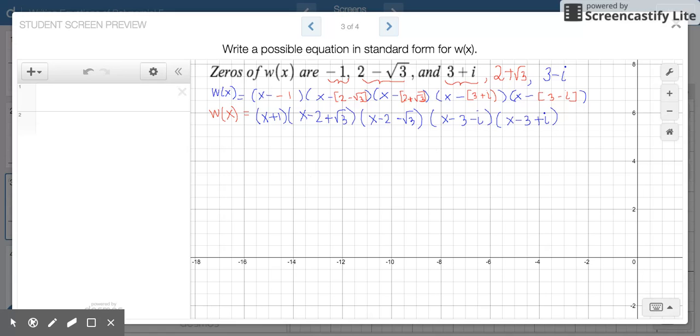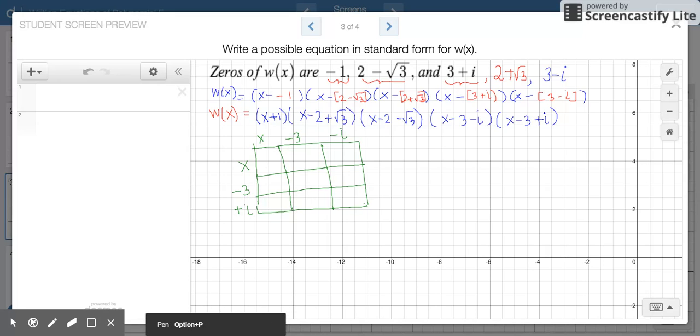Okay, so let's multiply them here. We'll have x minus 3 minus i, times x minus 3 plus i.